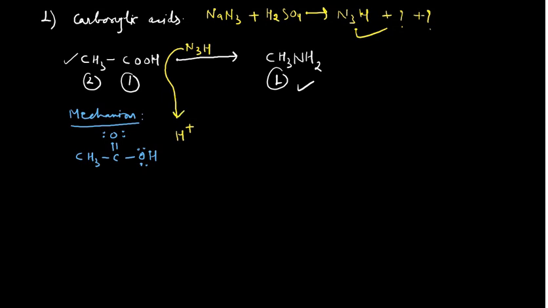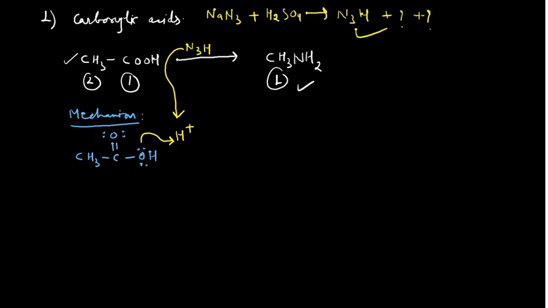So what can happen: the lone pair present on this oxygen may readily grab this hydrogen. Compared to the carbonyl oxygen, you have two oxygens here, and this particular oxygen is more nucleophilic, so it will readily attack this electrophile. So you will have the protonated acetic acid.